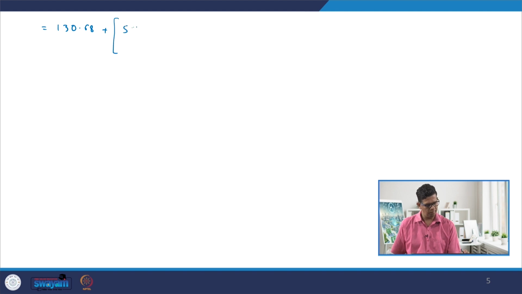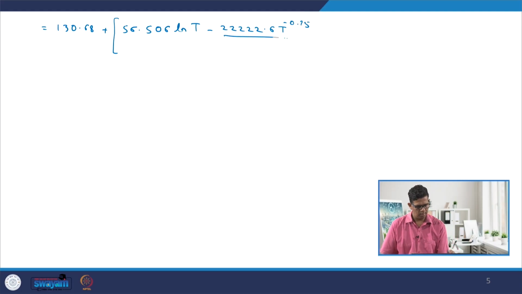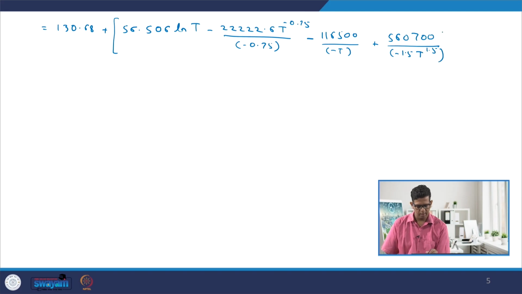So, this will be 56.506 ln of T minus 22,222.6 into T to the power minus 0.75 divided by minus 0.75 minus 116,500 divided by minus T and plus 560,700 divided by minus 1.5 times T to the power 1.5, and this is still to be solved over these temperatures, 298 to 353.